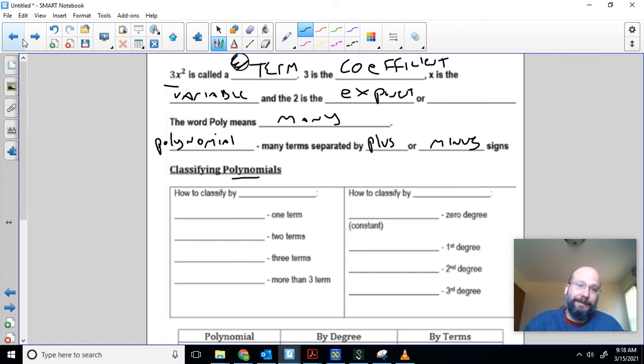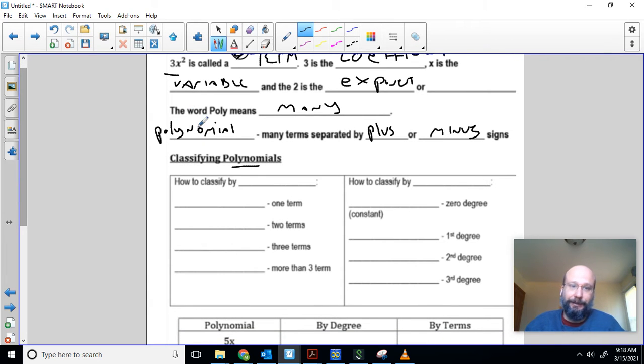So our vocabulary today is classifying these polynomials by terms, and then by degree, which just means the highest exponent. One term is called a monomial.